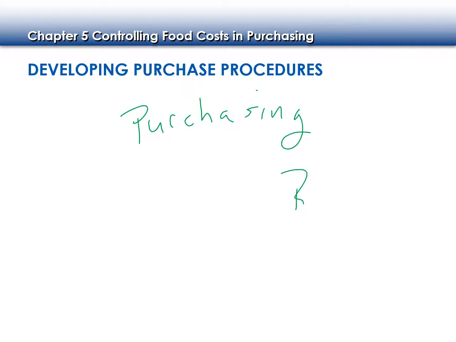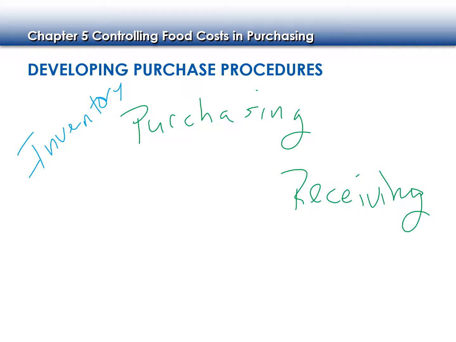Okay, and then receiving. Okay, so inventory is part of the process. I'm going to put it over here. It's in between 2 steps. Okay, so inspecting is part of that receiving process.